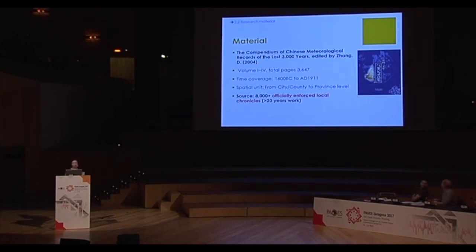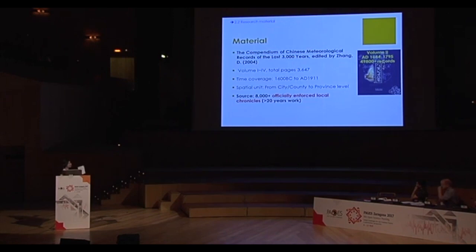The time coverage is over 3,000 years, and the spatial unit is quite fine, from city and county to province level. As Professor Zhang said, his colleagues spent over 20 years reviewing over 8,000 local chronicles and compiling all these records together in this huge book.